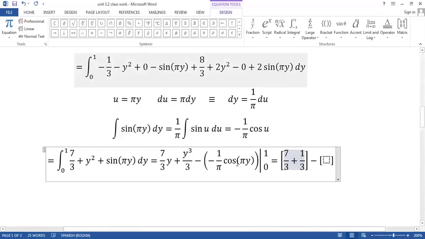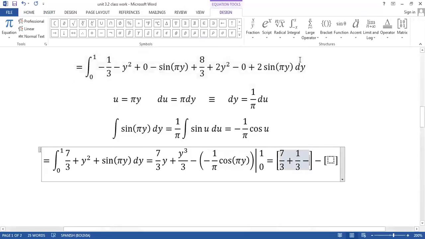So this is -1, and negative times negative turns that into a positive, so it becomes +1 over pi. And then the negative on the outside makes it become another negative. So that's -1 over pi.